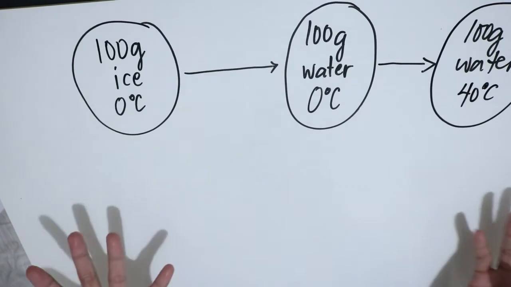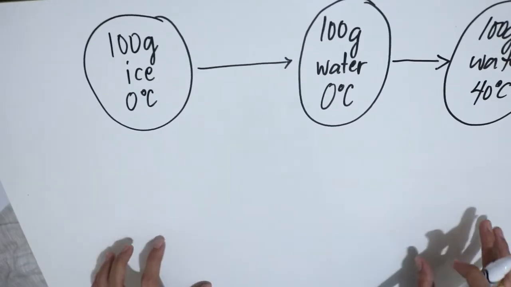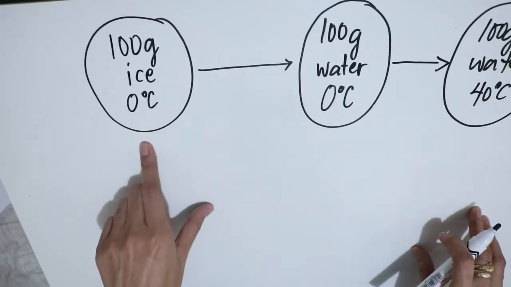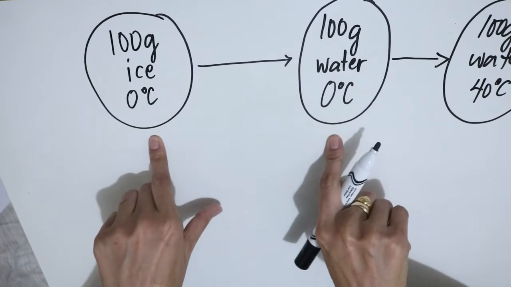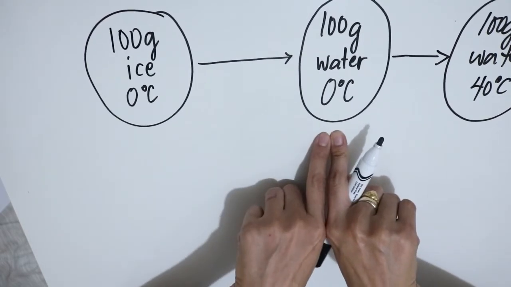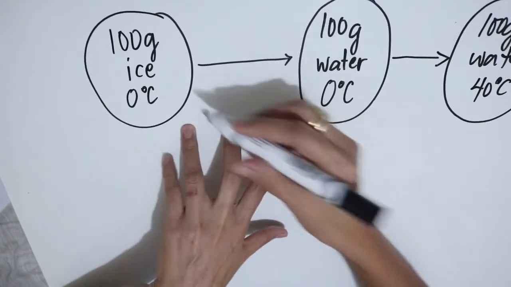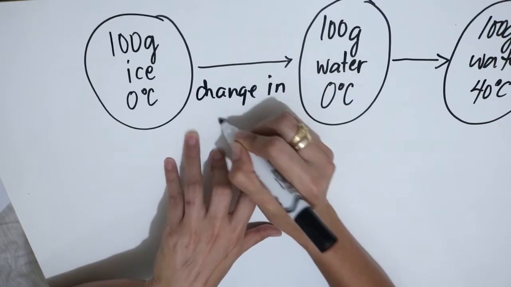This kind of diagram will help you a lot to analyze this kind of problem. Here, 100 grams of ice at 0 degrees Celsius changes its phase into 100 grams of water at 0 degrees Celsius. This is only a change in phase.